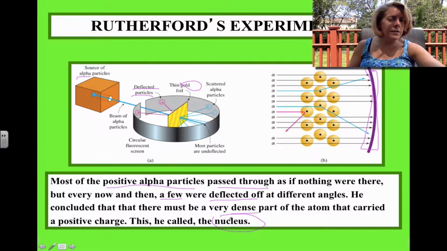So they realized that the plum pudding model was not an effective model because they didn't see electrons scattered throughout a positive sea. Instead, they saw a tiny dense nucleus that scattered these alpha particles.